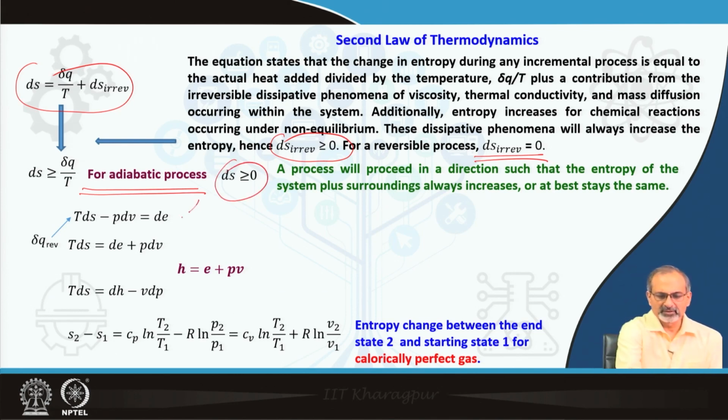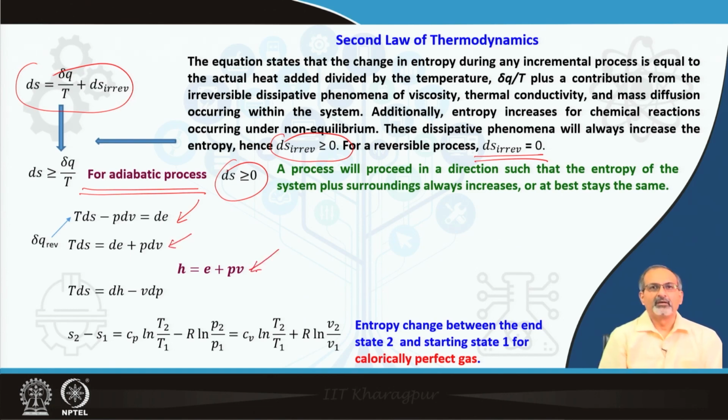Now, if you look at the first law expression, and substitute the del Q expression by that due to a reversible heat transfer, you will have T ds replacing del Q, minus P dV equal to dE, and if you rearrange the equation, it becomes a form like this.